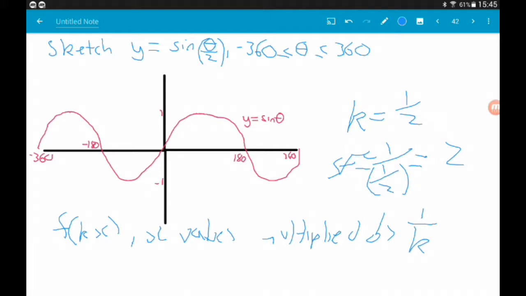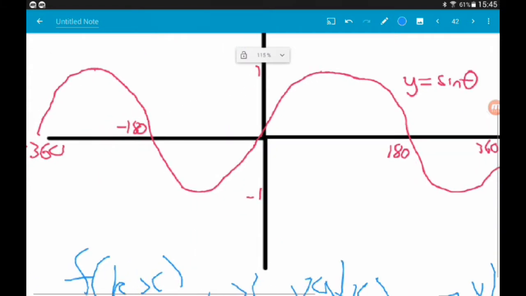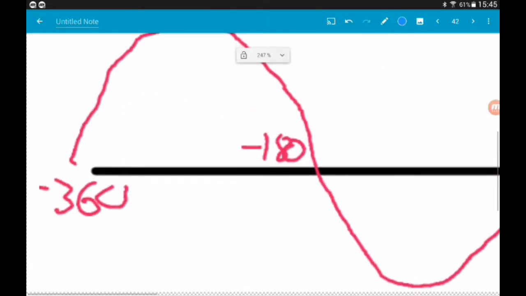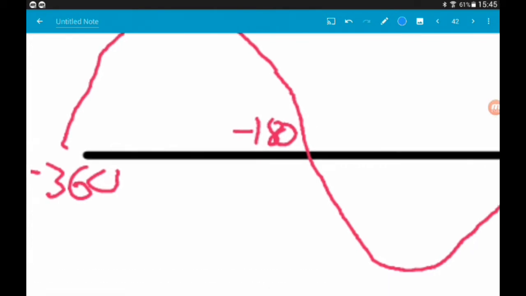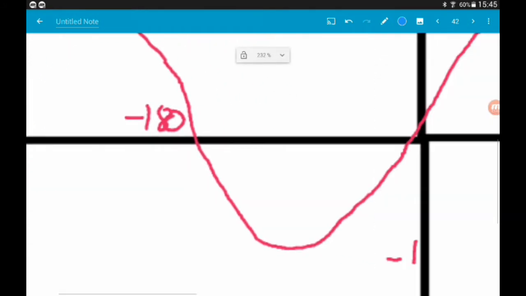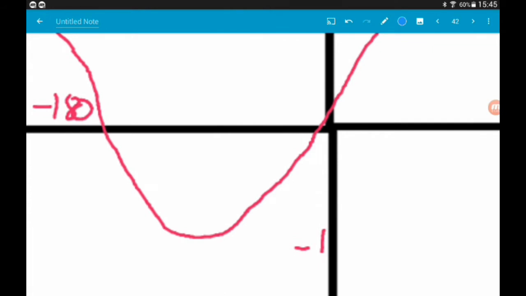So every one of our x-intercepts gets multiplied by 2. So this one down here, minus 360, would be at minus 720, but that is out of our interval, so we don't care. This one, minus 180, is going to move to 2 times minus 180, which is minus 360. This one at 0 is going to stay at 0. 0 times 2 is still 0.